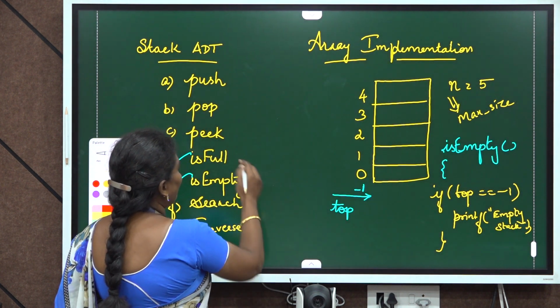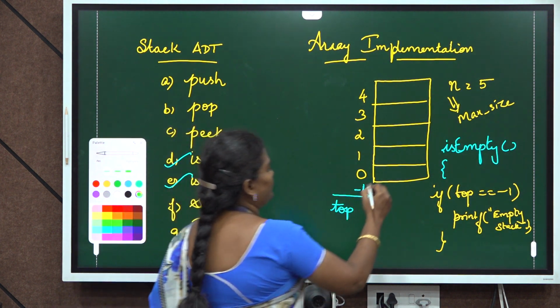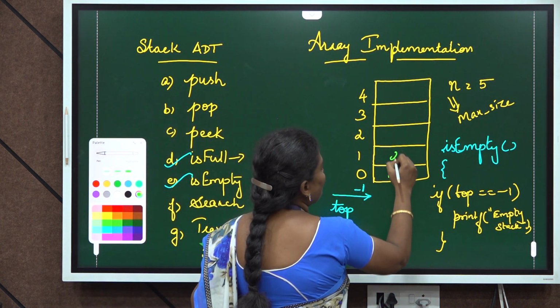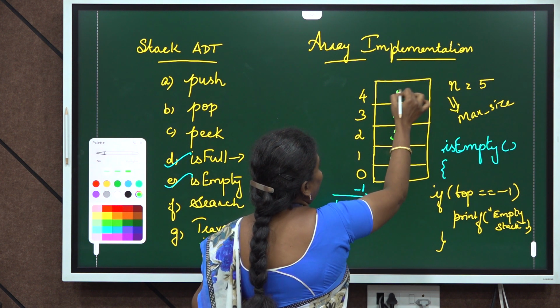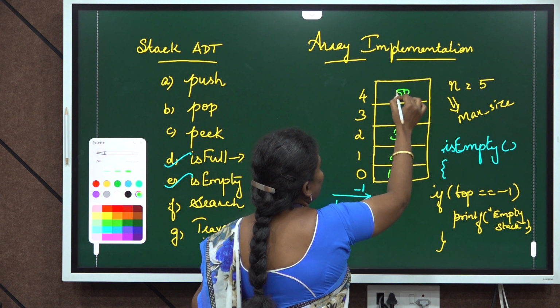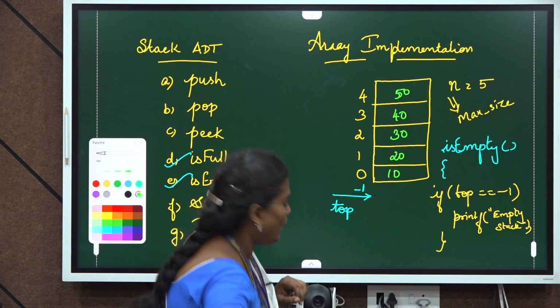Now let us discuss isFull. Let us imagine we have some values here, 30, 40 and 50. As I said, the maximum size of the stack is 5, and as of now we have 5 elements.